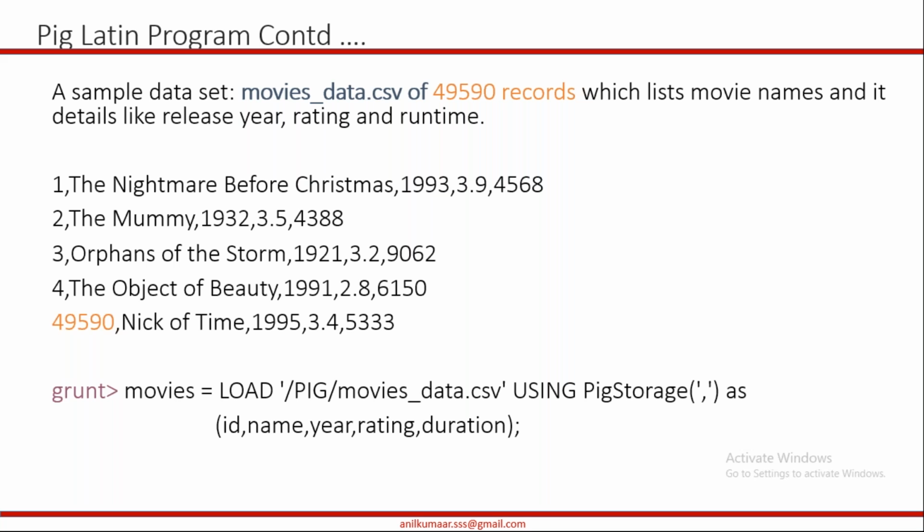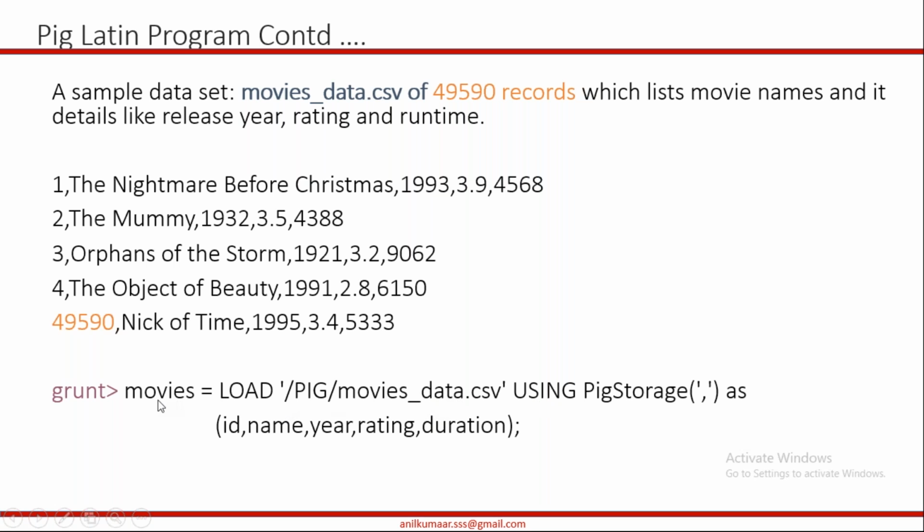First of all, you have to copy this data. movies_data.csv has to be copied to HDFS. That is the first thing you need to do. Once the data is copied to HDFS, then you start writing. Here, movies is equal to LOAD, followed by a location and more.